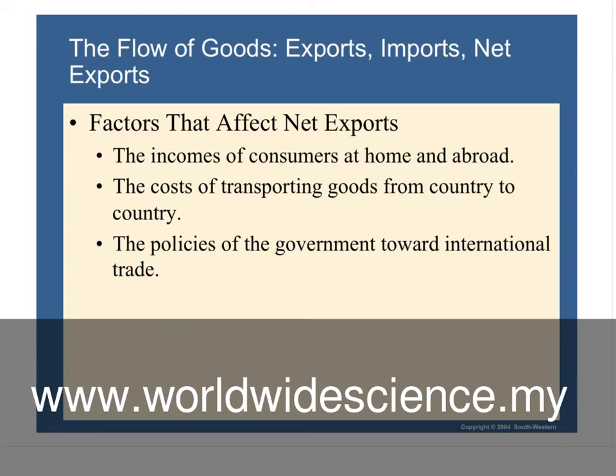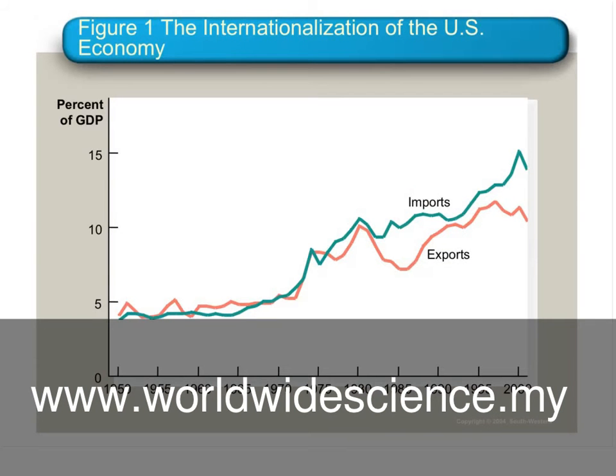So as you can see here, for the U.S., the level of exports and imports are going pretty much in the same direction, but exports have reduced from the era of 2000 onward.